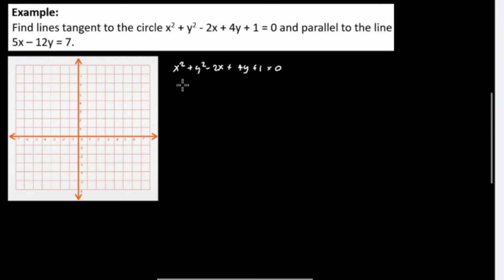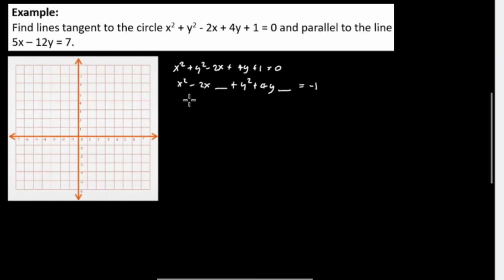Transpose positive 1 to the right, so that's x squared, negative 2x, plus y squared plus 4y is equal to negative 1.